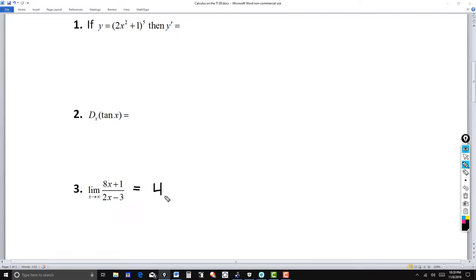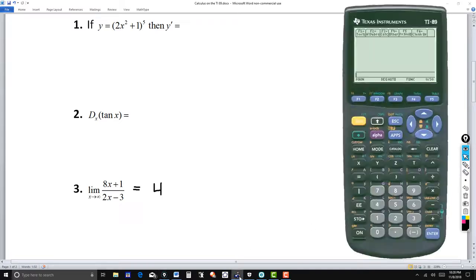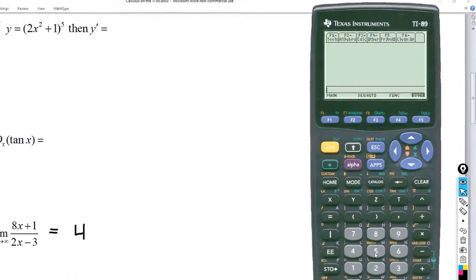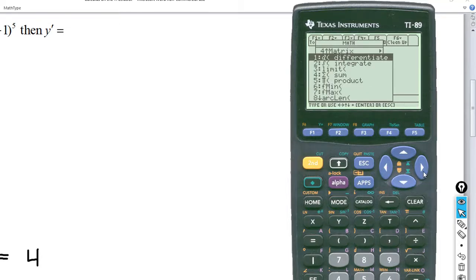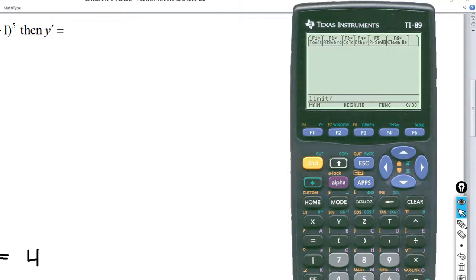Okay, but we're going to do it in the calculator here, so get the calculator. So again, second and then 5 gets me the math menu. Go down to calculus, and this time I want the limit. Okay, so I hit number 3, and then I'm going to enter this function here.